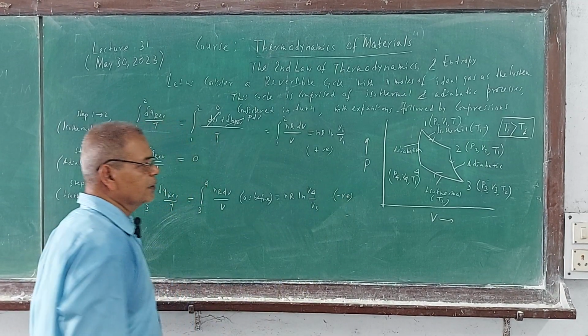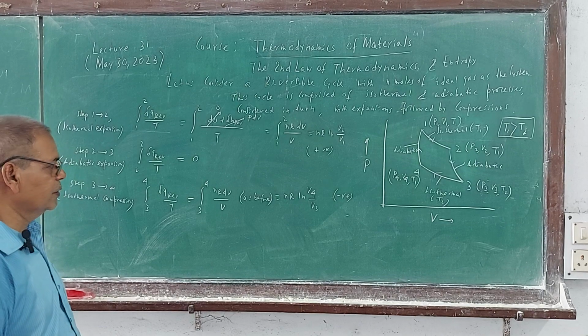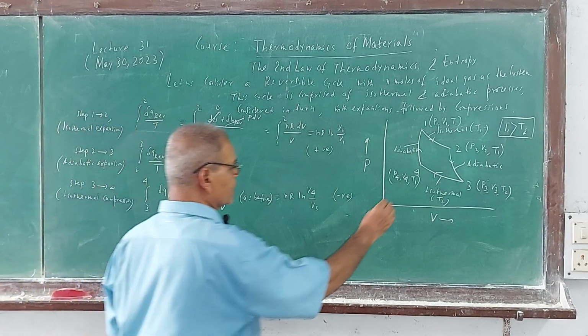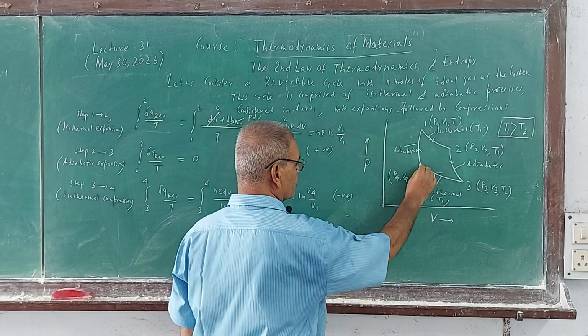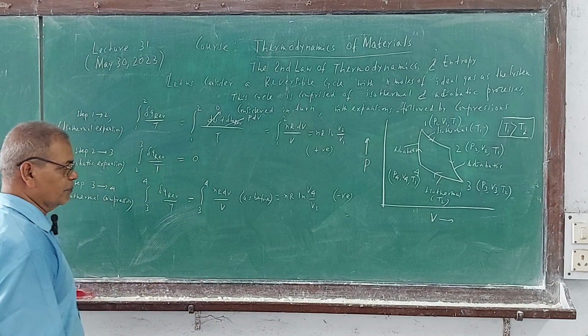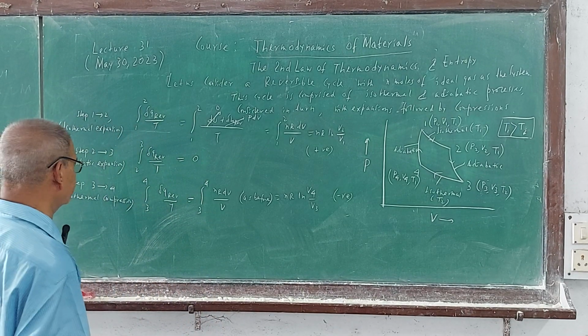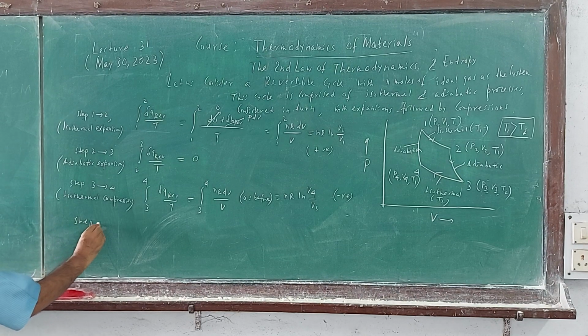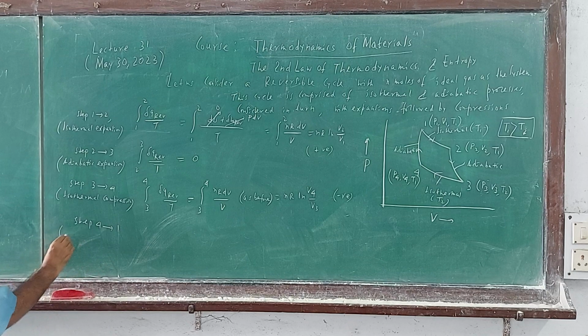I made a mistake; V4 is the smaller volume and V3 is the larger volume, so V4 by V3 is a compression, and the result is negative. The last step, 4 to 1, is adiabatic compression.